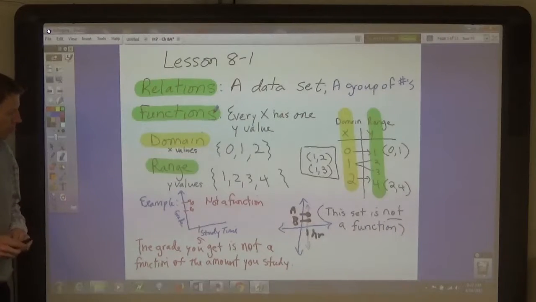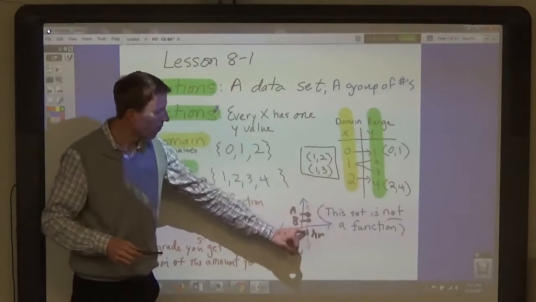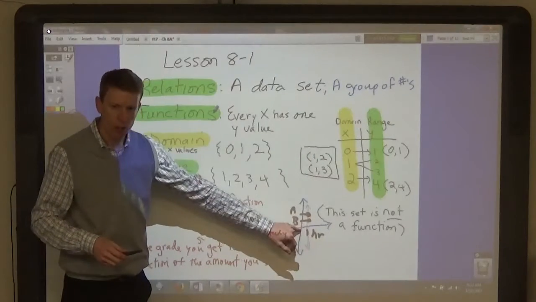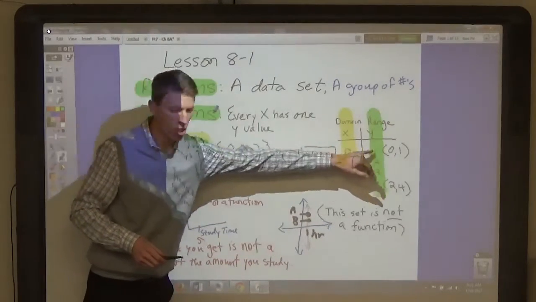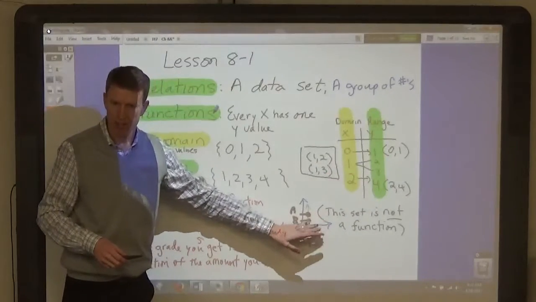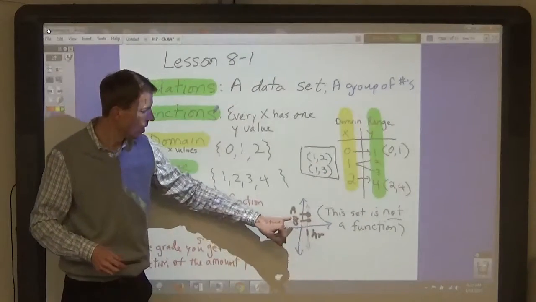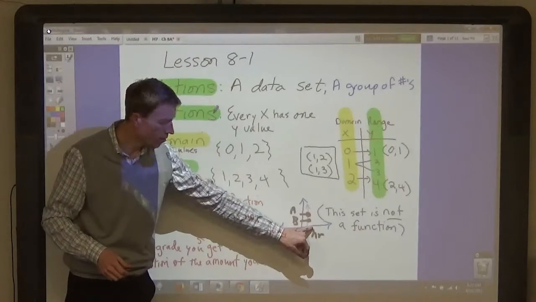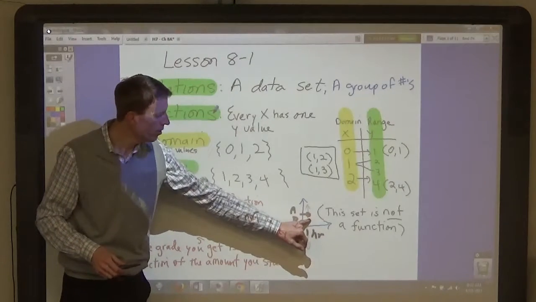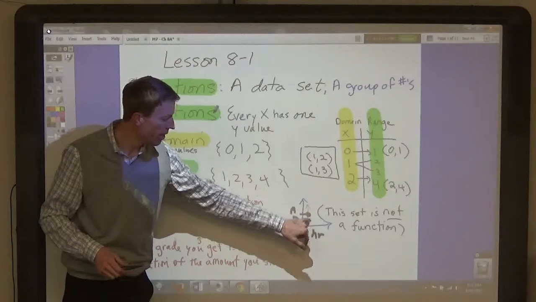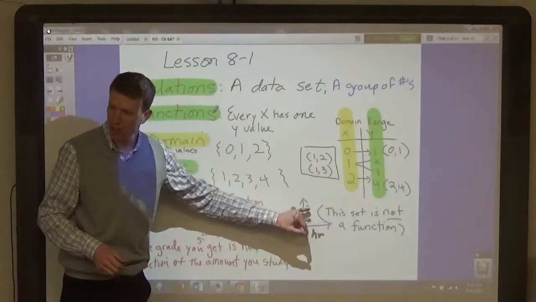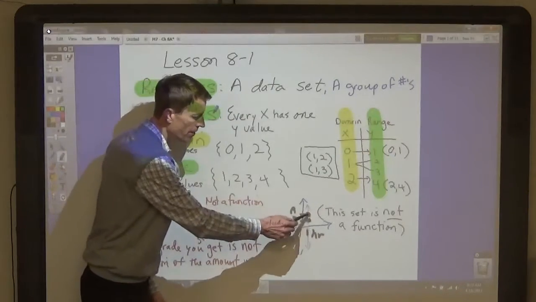Now, I want you to look at the graph of this. If you were to graph this chart on a coordinate plane or on a coordinate grid, you would find that the number 1 over 1 and up 2 and over 1 and up 3 would give you 2 points on this graph that are right on top of each other.